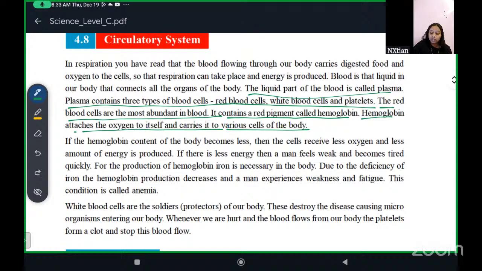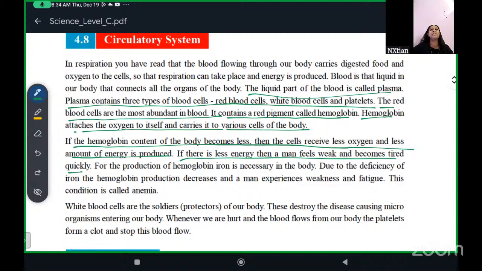If the hemoglobin content of the body becomes less, then the cells receive less oxygen and less energy is produced. So the person will feel weak and will become tired quickly. When people say that we feel weakness or get tired easily, that may be a sign of a lack of hemoglobin or a lack of RBC.